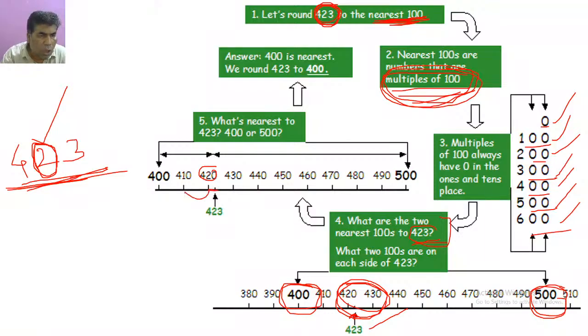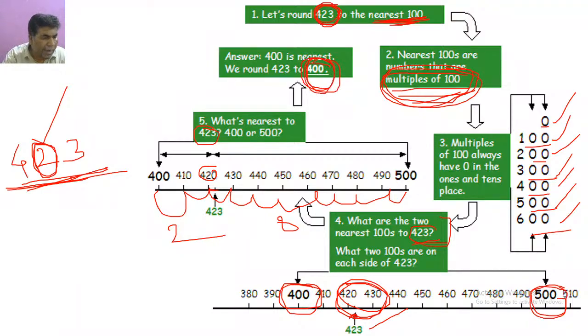From 420 we have 2 places. On this side, 1, 2, 3, 4, 5, 6, 7, 8, which is 8 places. So what is the answer? 423 is nearer to 400.